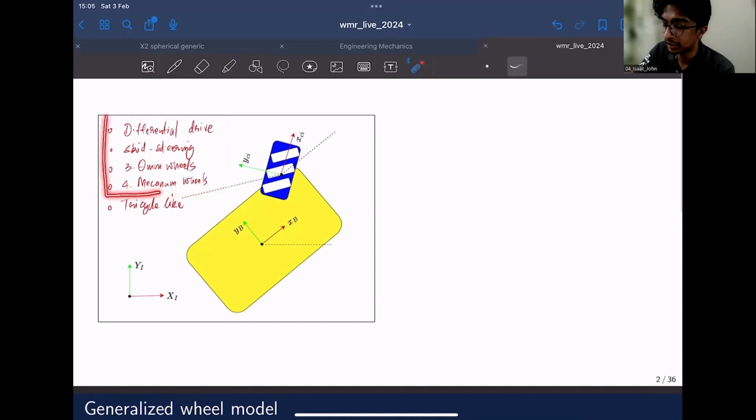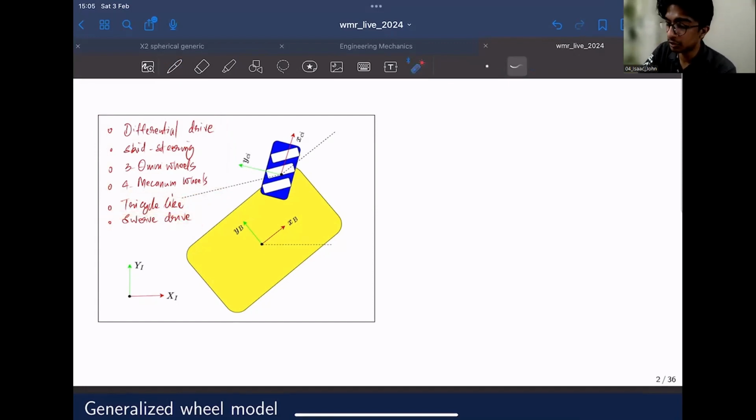They don't have a dedicated steering axis. But the tricycle-like configuration will also have a steerable axis. Same in the case of swerve drive. This configuration will also have drivable and steerable wheels.